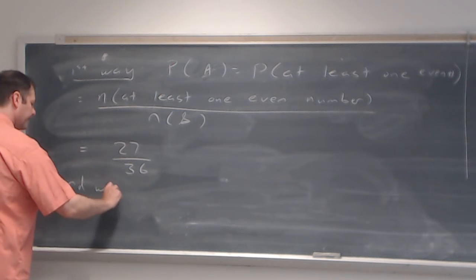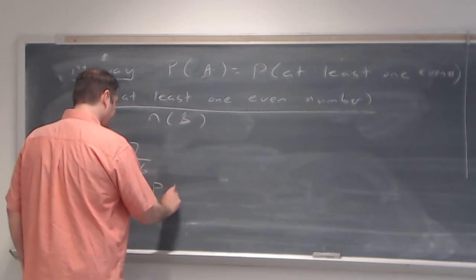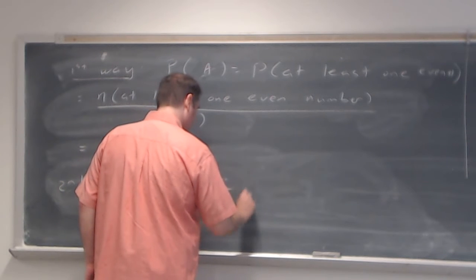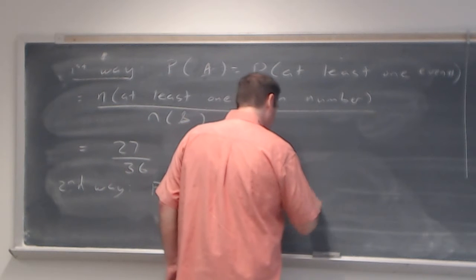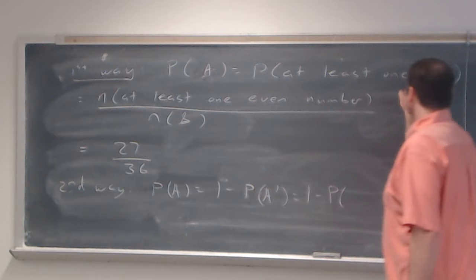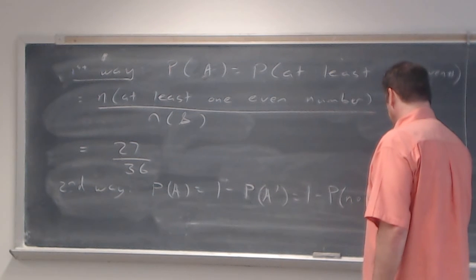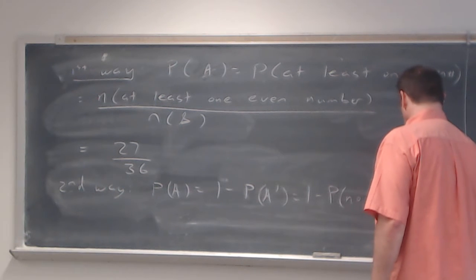The second way, involving the formula, is that the probability of A is equal to 1 minus the probability of A complement, the opposite of A. That's equal to 1 minus the probability that the opposite of at least one die roll being even, that is, no die roll is even.